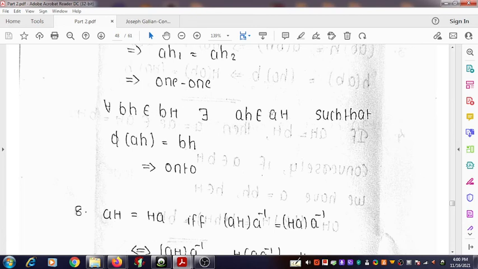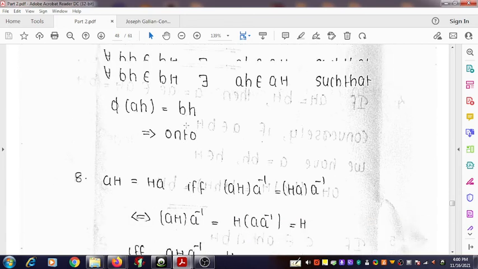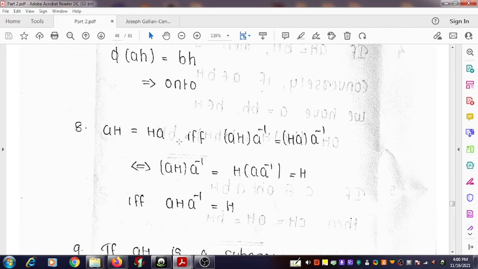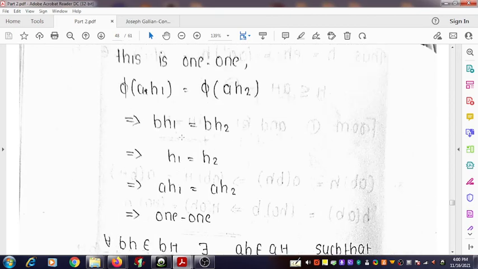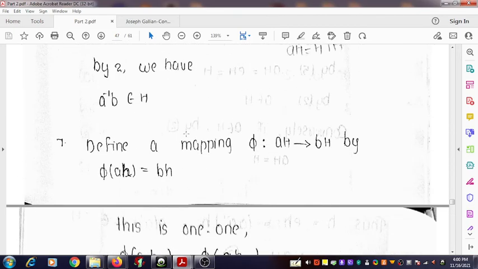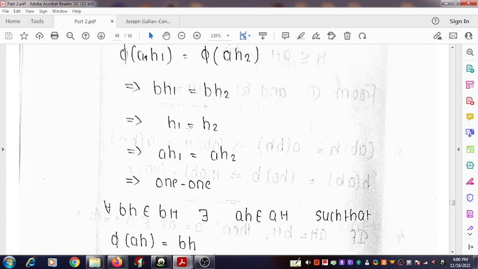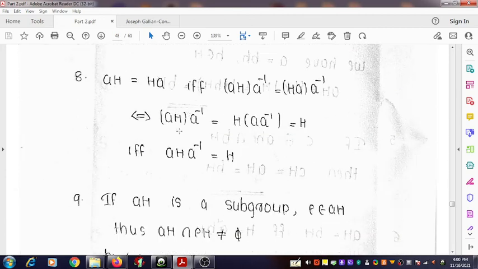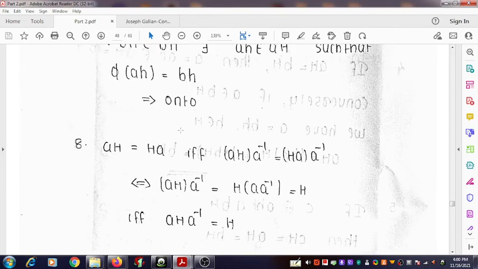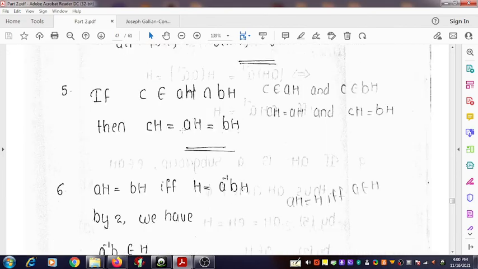Then there exists an element AH of the left coset AH such that phi of AH equals BH. This shows that the function is onto also. Since the function is one-to-one and onto, the number of elements in both left cosets is the same. Next we want to show the eighth property.